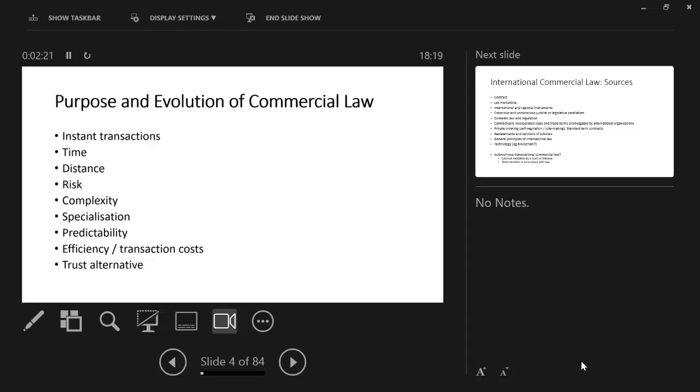How can we say that this has worked? We can say that it has enabled in international commerce high degrees of complexity and specialization on a global basis.